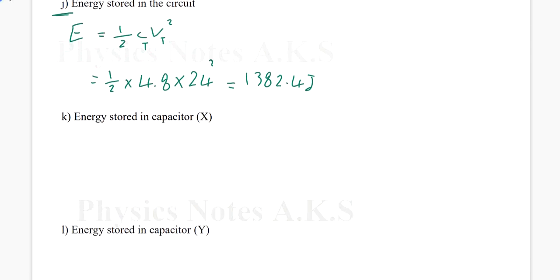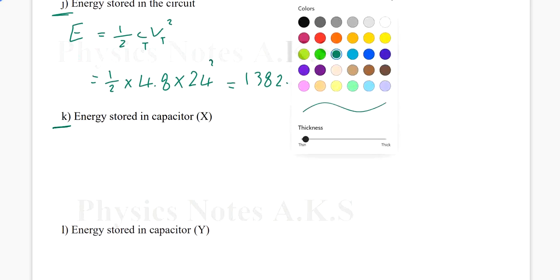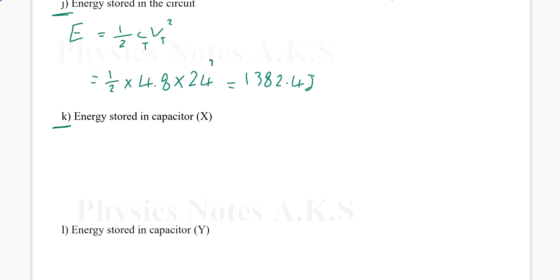Now part K, let me change the color to this one. Yeah, in K they need the energy stored in X. I apply the same formula, E equals half CV squared. Of course, C of X and V of X, and I have both of them, so it is half.